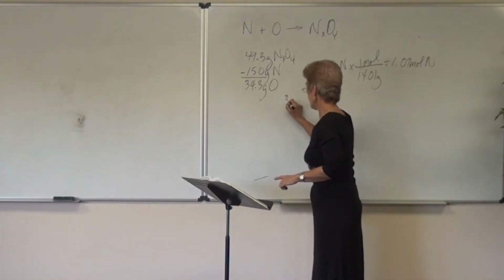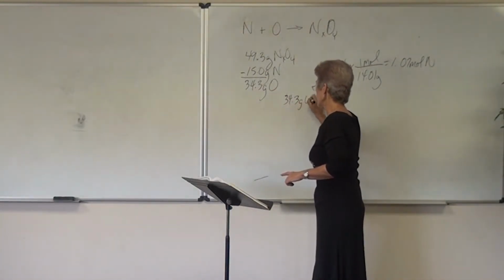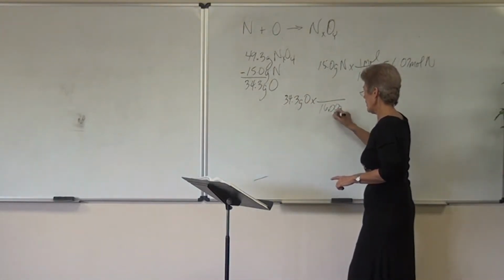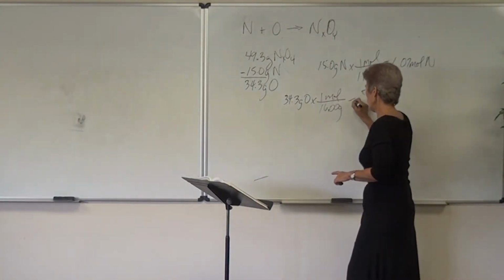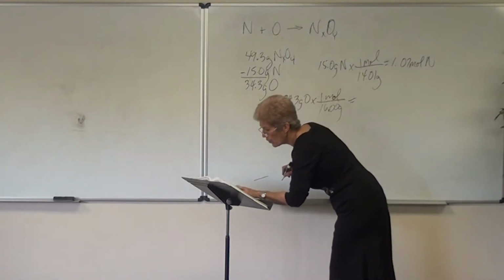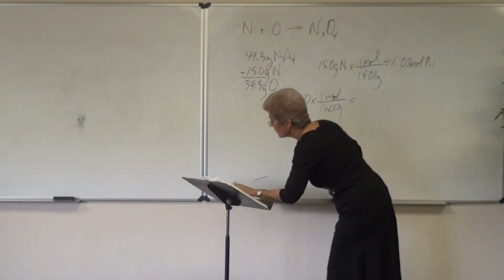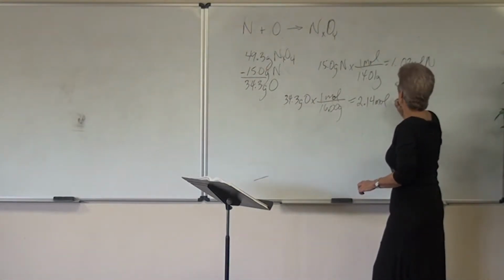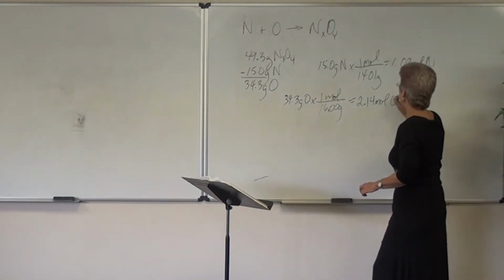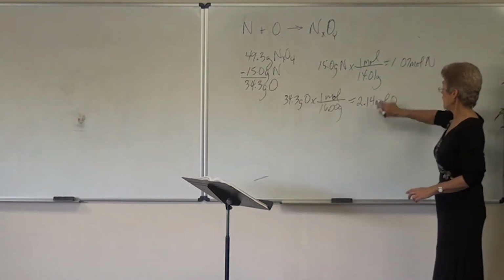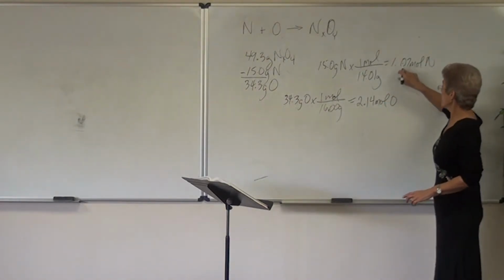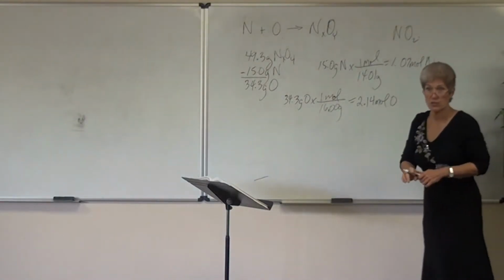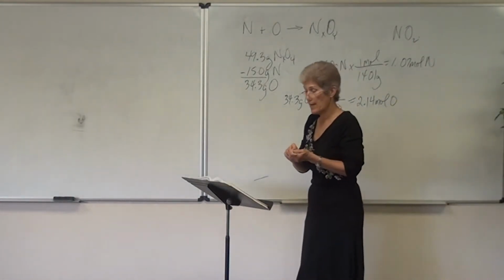And then we're going to take our 34.3 grams of oxygen, 1 mole to 16.00 grams, and that's going to be 2.14 moles of oxygen. So then you're going to divide both of these by 1.07. So you're going to end up with nitrogen and 2 oxygens. That's your empirical formula. Okay?